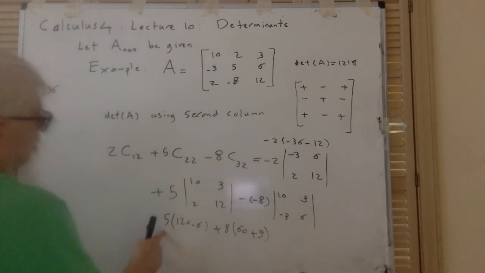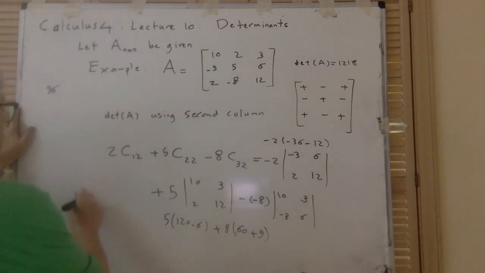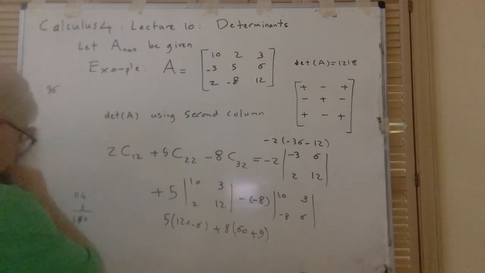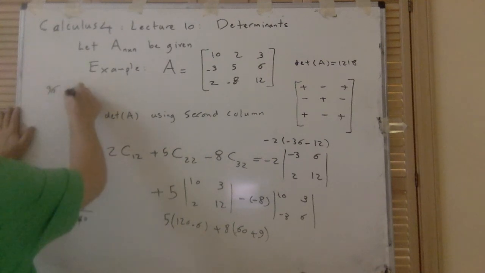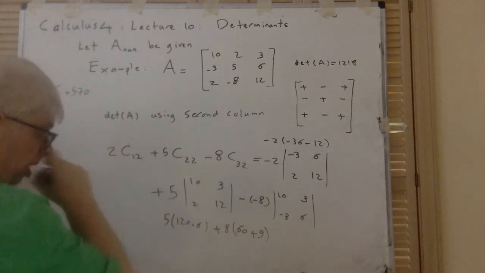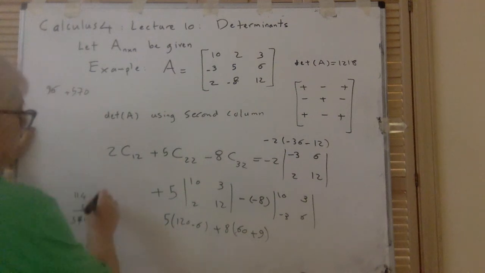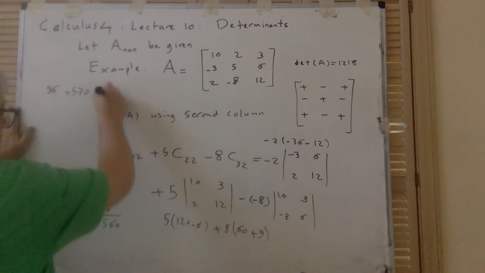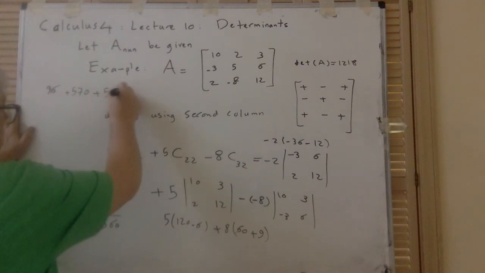What's that, 114 times 5? Is it 560? 570. So 570, I guess. The last one is 69 times 8. Oh, gee. So 560 minus 8, that is 552, I guess, right?